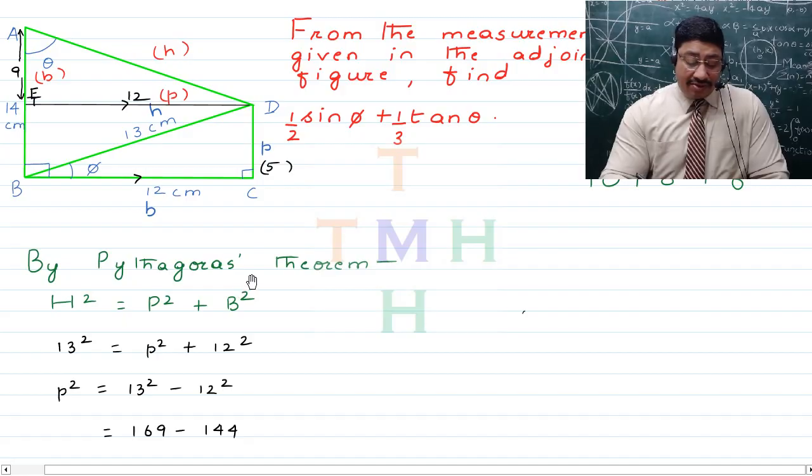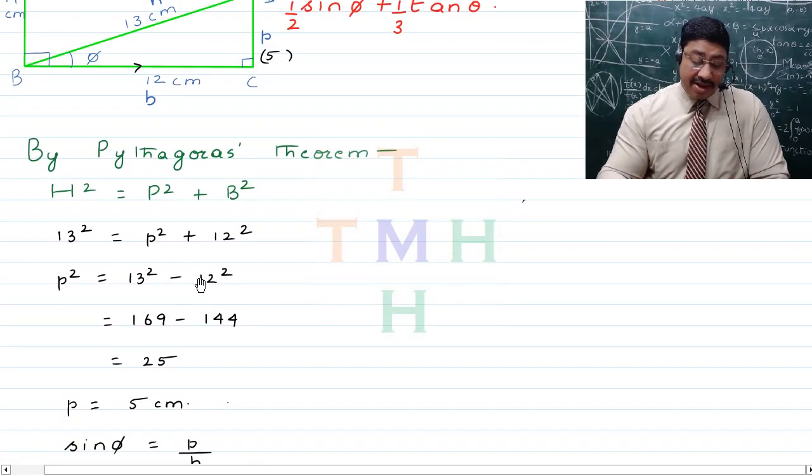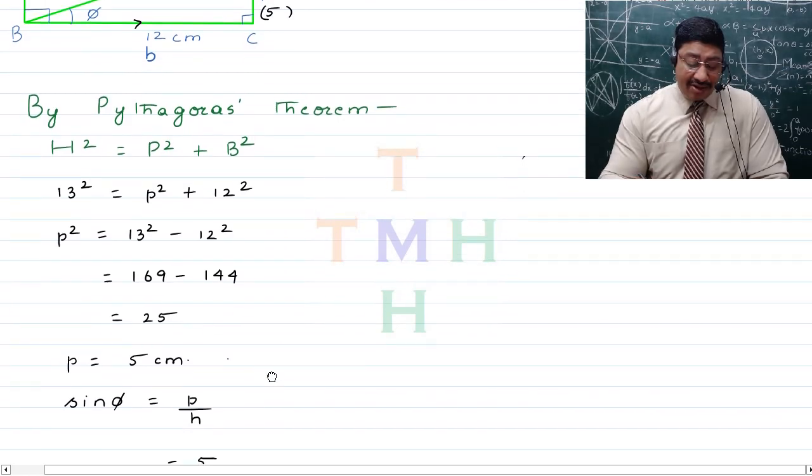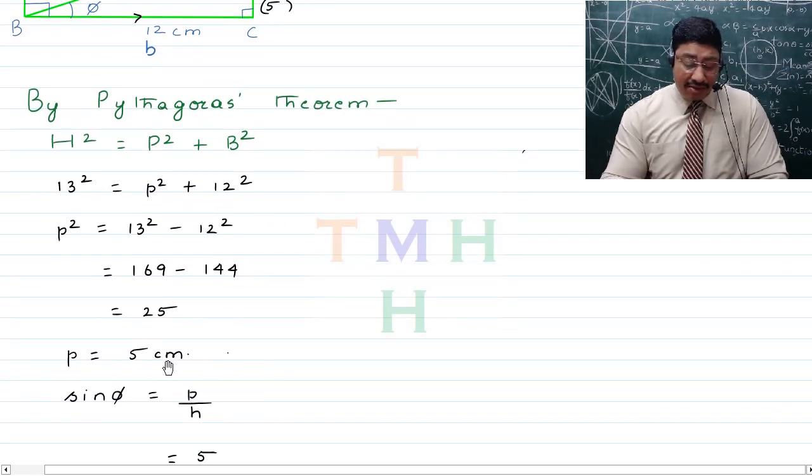So as the Pythagoras theorem tells us, hypotenuse square is equal to perpendicular square plus base square. So as such, hypotenuse square being 13 square, it will become equal to perpendicular square plus base square, which is 12 square. And further, thus perpendicular square can be written to be equal to 13 square, which is 169, from which 12 square, that is 144, is to be subtracted, which comes to 25. And on finding out the root, we will get the perpendicular to be equal to 5 centimeter.